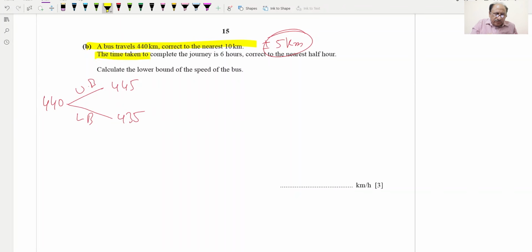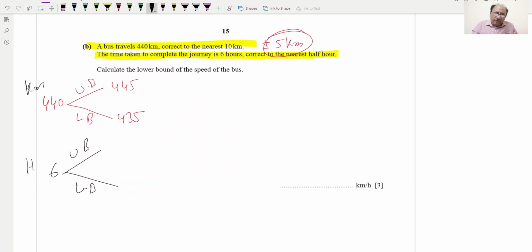Now they are saying the time taken to complete the journey is 6 hours correct to the nearest half hour. So the time is 6 hours, corrected, so upper bound and lower bound.